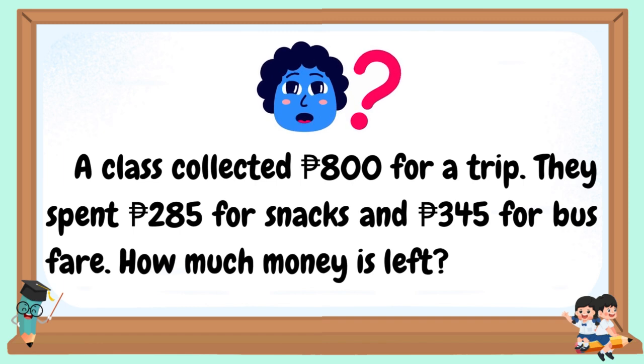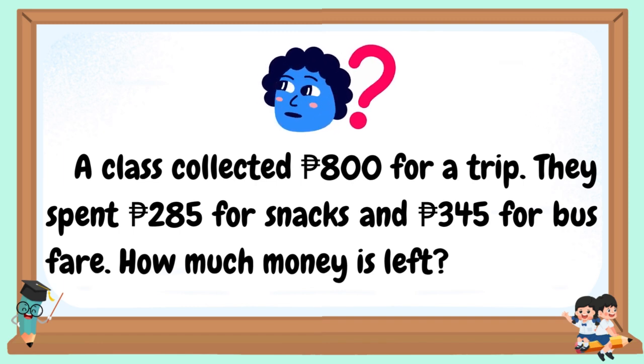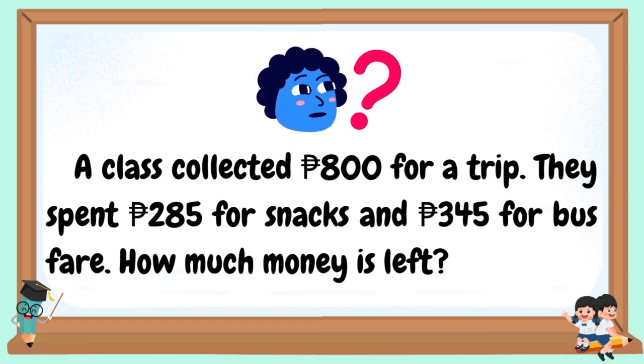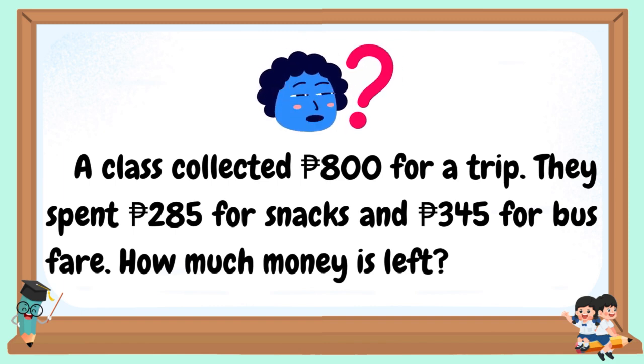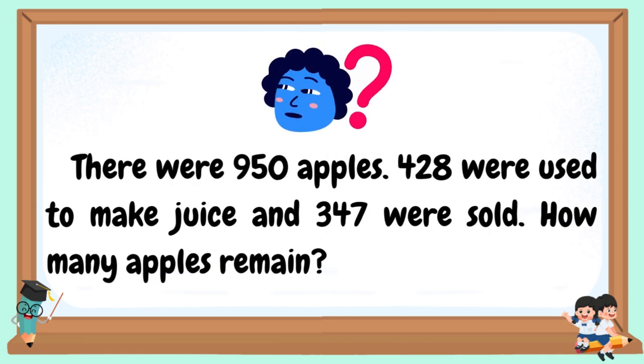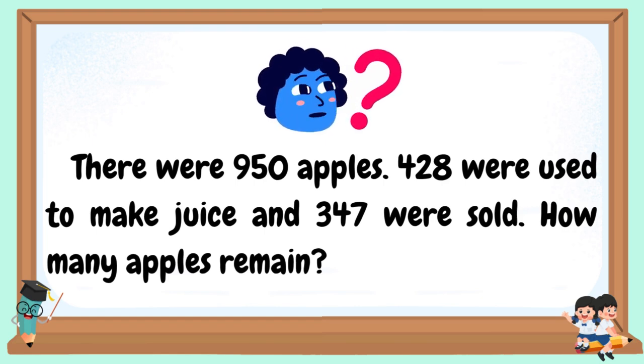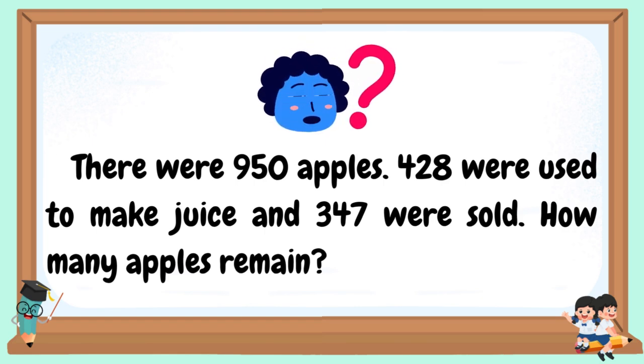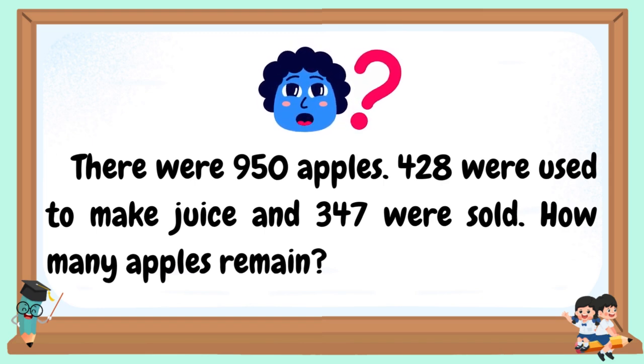They spent 285 pesos for snacks and 345 pesos for bus fare. How much money is left? There were 950 apples. 428 were used to make juice and 347 were sold. How many apples remain?